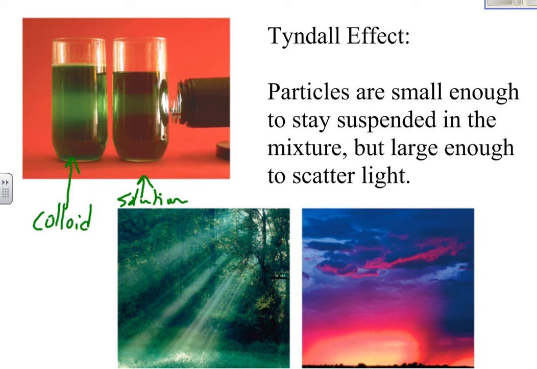However, in the mixture on the left, the particles that are mixed in with the liquid are large enough that when the photons of light hit them, they bounce off in all different directions. And so some of them are going to come out of that beam, and you can observe those. The same thing happens if you do laser or fireworks light shows.